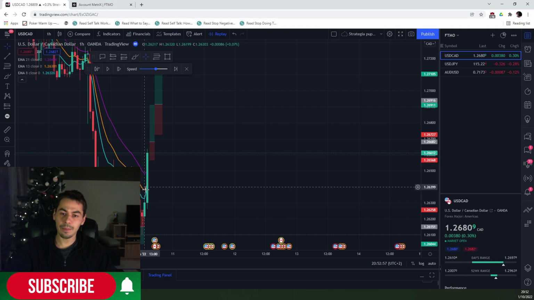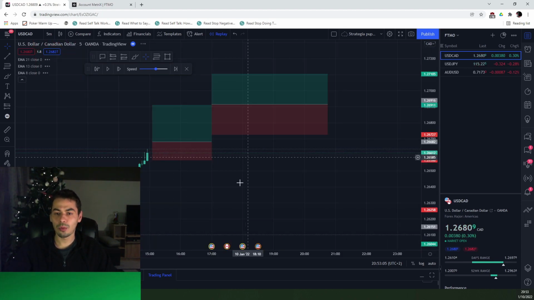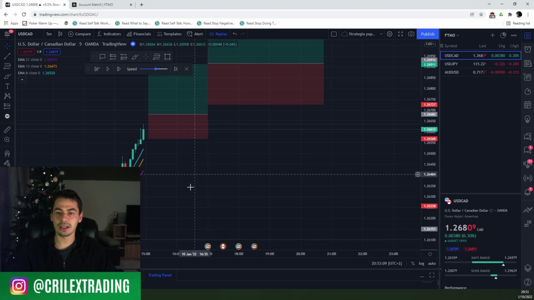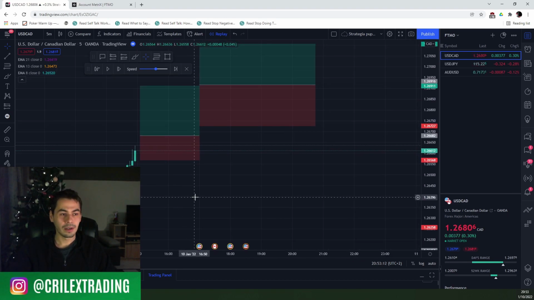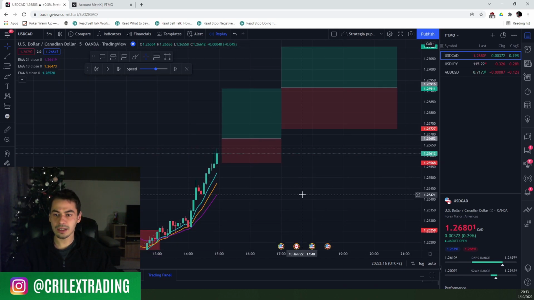As you can see, the EMAs actually start to cross right now, so we had a green signal to keep on looking for trades. Now moving back to the 5-minute time frame, as you can see, the EMAs are nicely fanned out right here. Sorry, you can't really see the EMAs. Okay, so now the EMAs are really nicely fanned out.